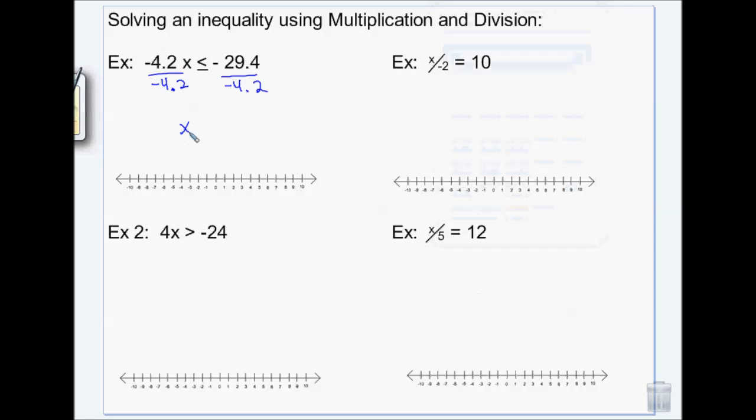So x is greater than or equal to 7. What I had to do, because I divided by a negative, is flip my inequality. Now I'm greater than or equal to, so I go to 7 and put a solid dot. And then I'm shading everything.